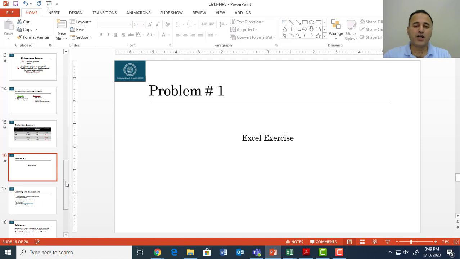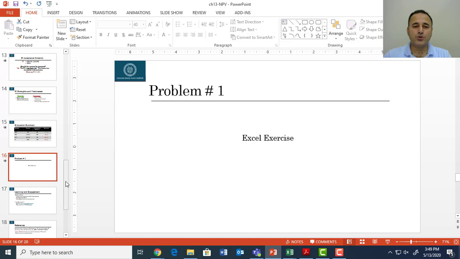Of course, once you start working in a certain company or firm, you will probably have sophisticated tools to calculate NPVs and other project evaluation methods. But the point is, rather than using the tools, you have to understand how every technique works, and you have to understand the math and the logic behind every technique.